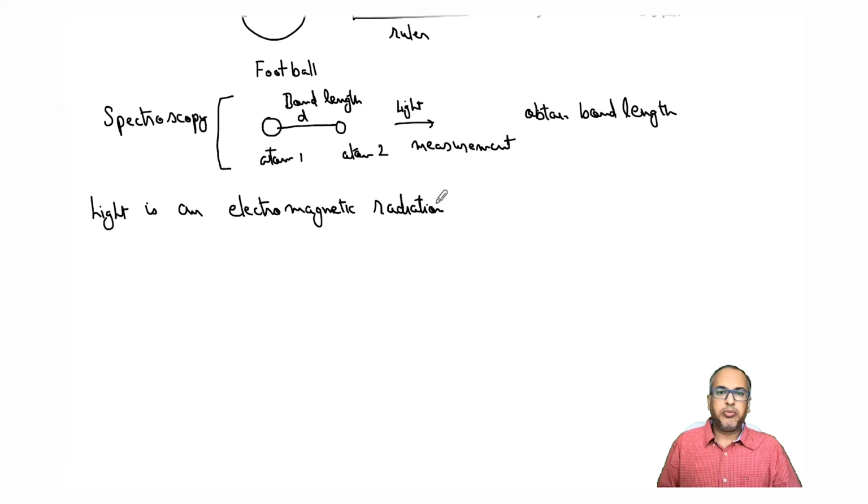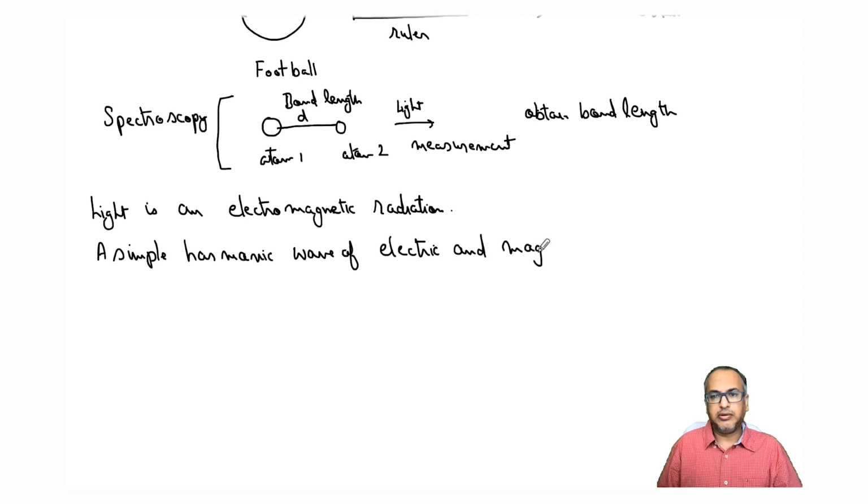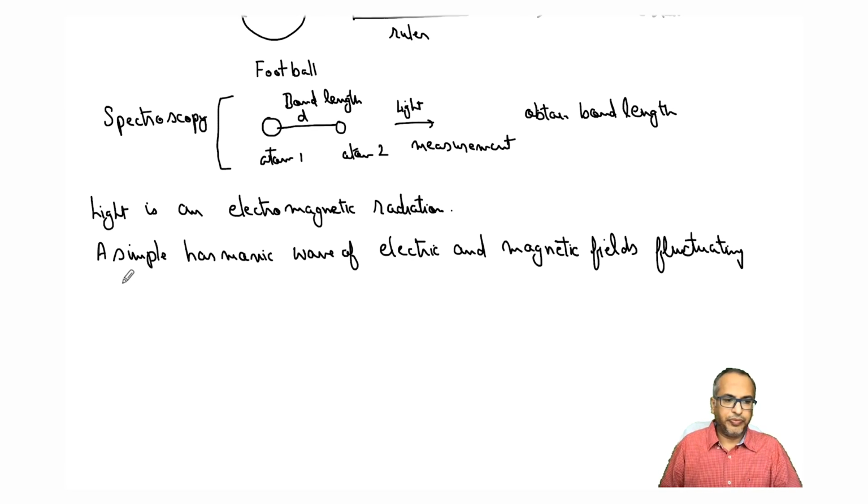What do you mean by electromagnetic radiation? Electromagnetic radiation is a simple harmonic wave of electric and magnetic fields fluctuating orthogonal to each other.